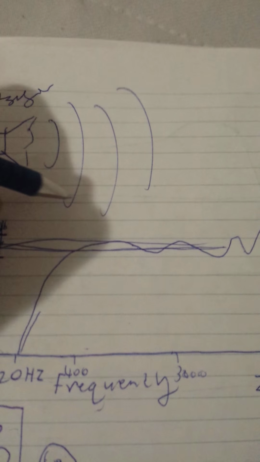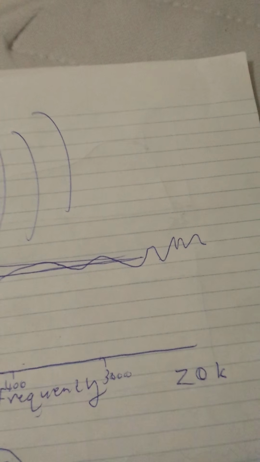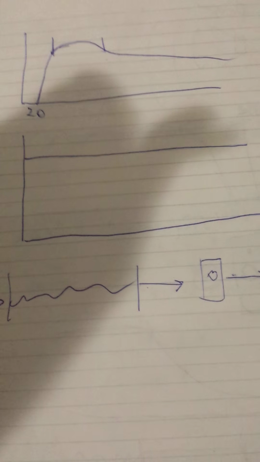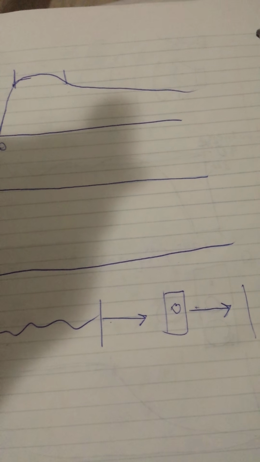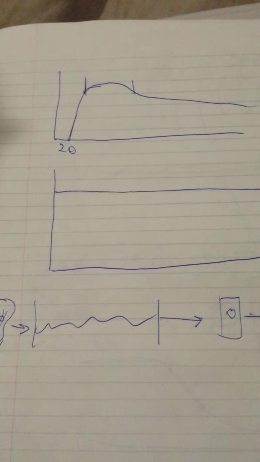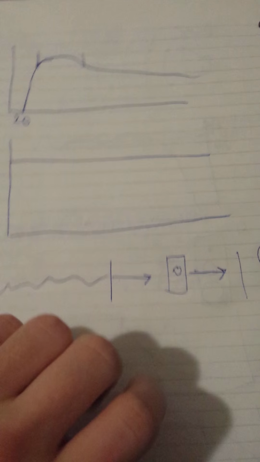But what you get with most speaker systems is they add their own influence to the music, as we can see here on the other curves. Maybe there's more volume in the mid-range, so you hear that through the speakers. So obviously the flatter the response curve, the better the speaker system. But as a trade-off, the flatter the response curve, usually the more costly the speakers will be.